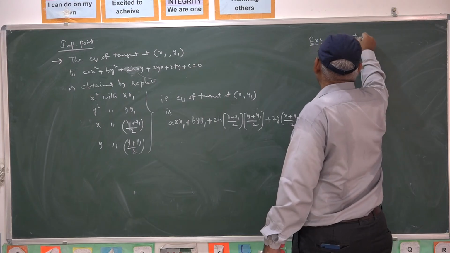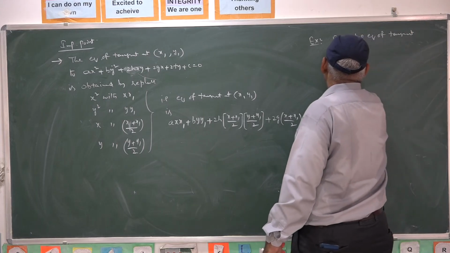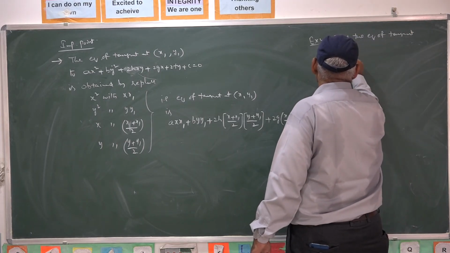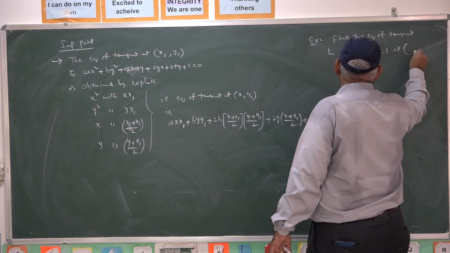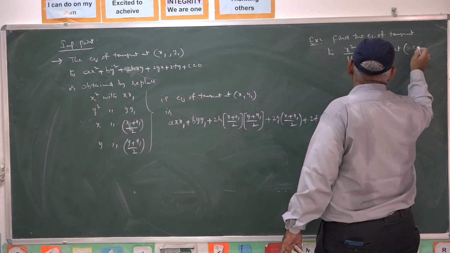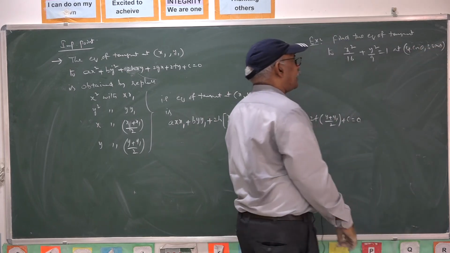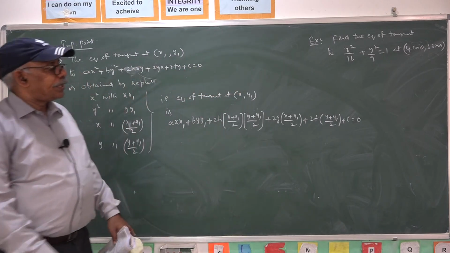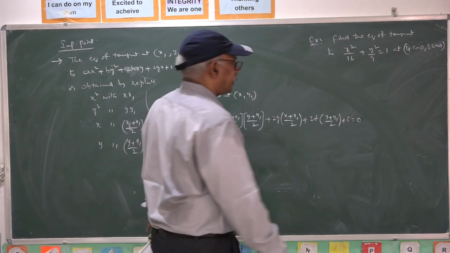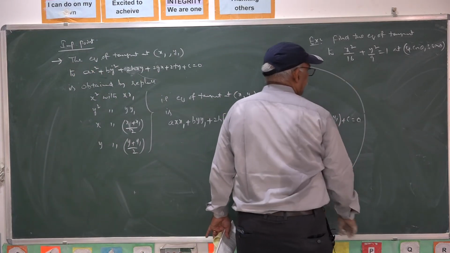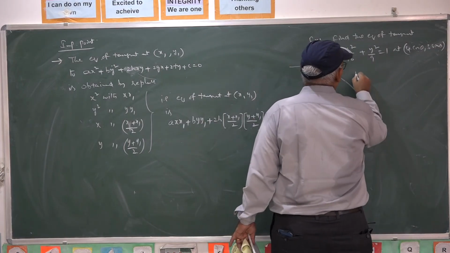find the equation of tangent to x square by 16 plus y square by 9 equal to 1 at a cos theta, that means 4 cos theta, 3 sin theta. Find the equation of tangent to the ellipse, a second degree curve, at 4 cos theta, 3 sin theta. Here x1 is 4 cos theta, y1 is 3 sin theta.